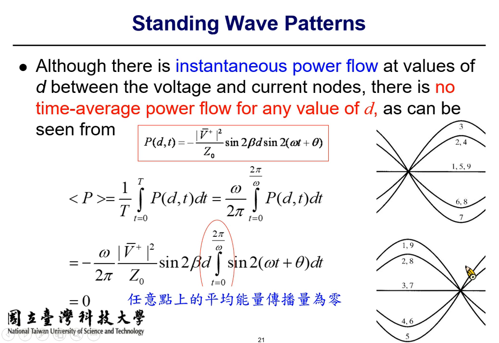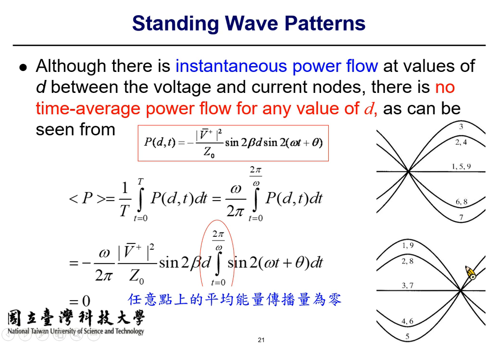If you replace the capital T, that is the period of the signal, with 2 pi over omega, then the time domain integration reduces to this, integrating from 0 to 2 pi over omega, and the signal is sine of 2 omega t plus theta.